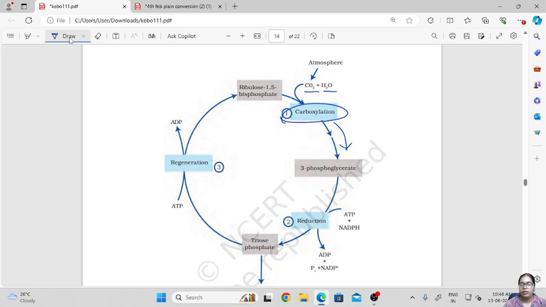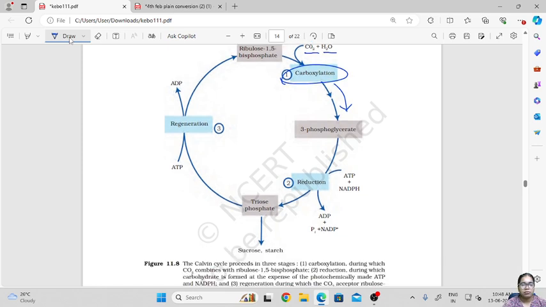Then after that it will form triose phosphate, and then that triose phosphate will form sucrose or starch, and then that triose phosphate will undergo regeneration, and from ATP it will form ADP.